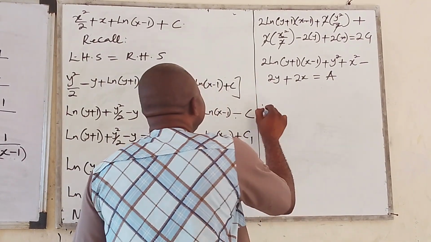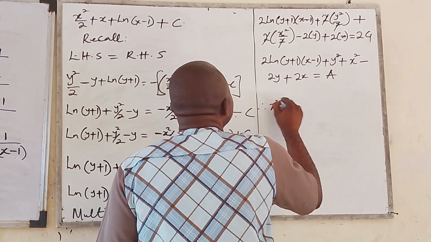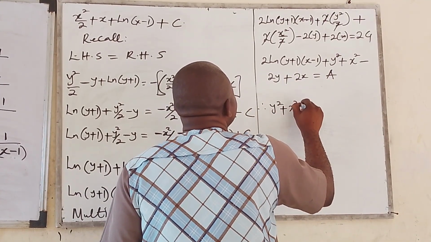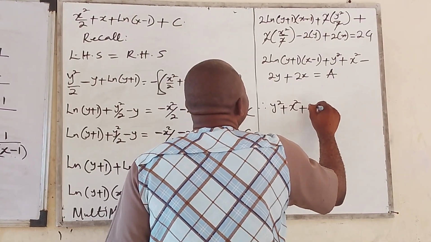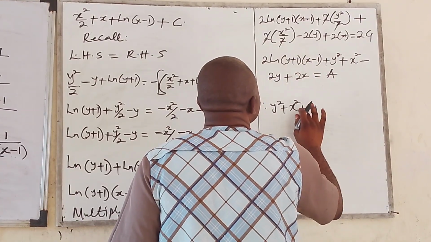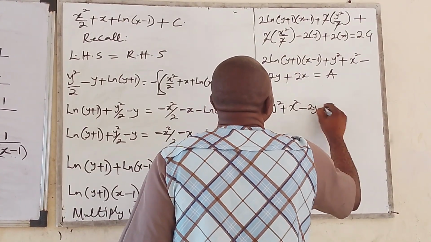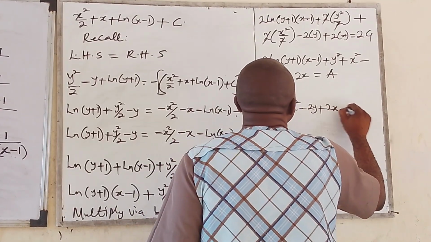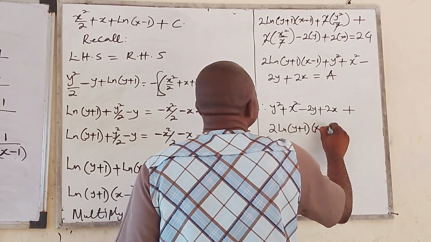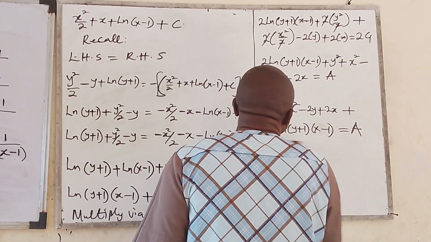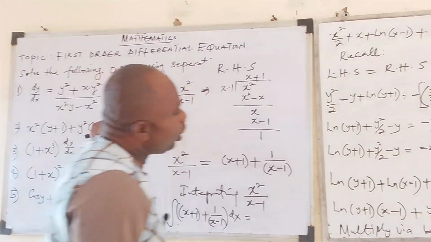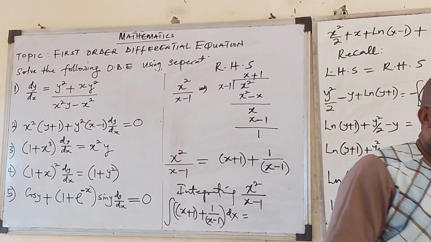So it therefore means that the whole of this now will be, let's start with y squared, we have y squared plus x squared plus 2 ln y plus 1, x minus 1, minus 2y plus 2x is equal to a. So this is the solution to this differential equation using the separating the variables method.